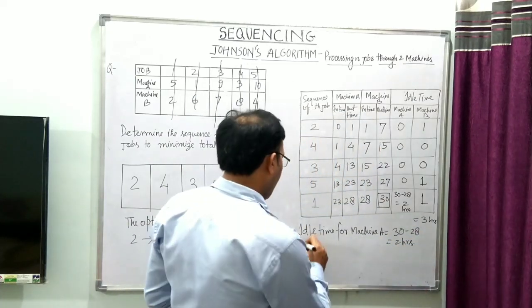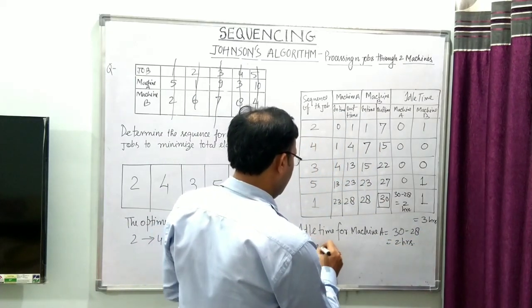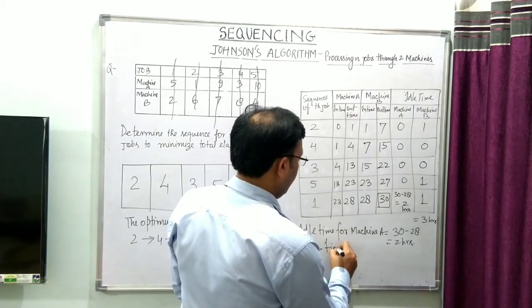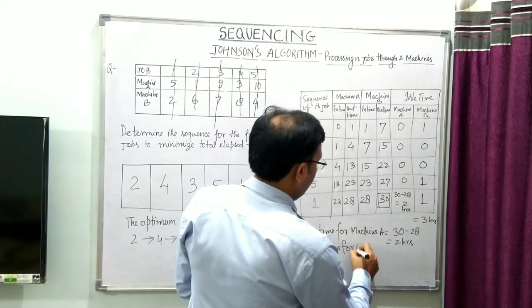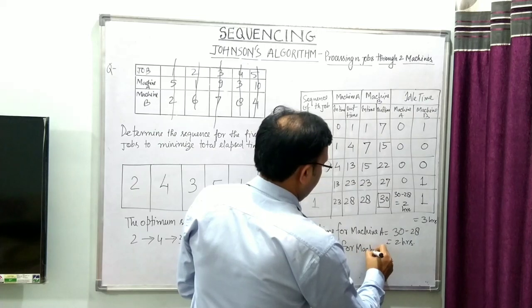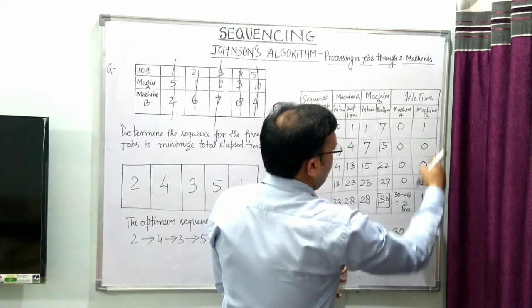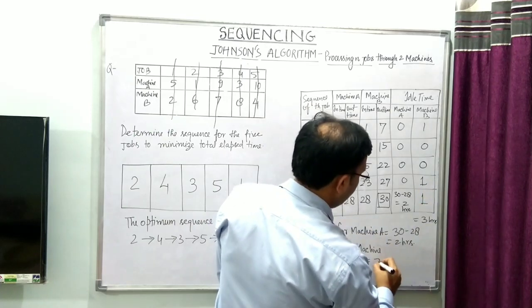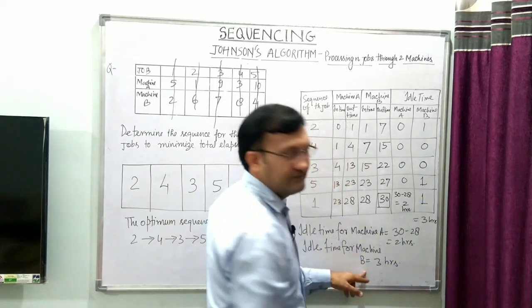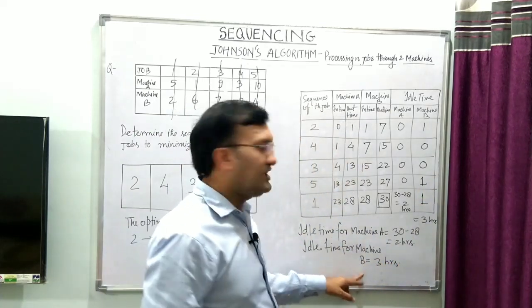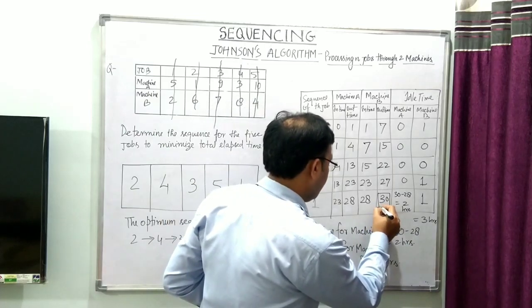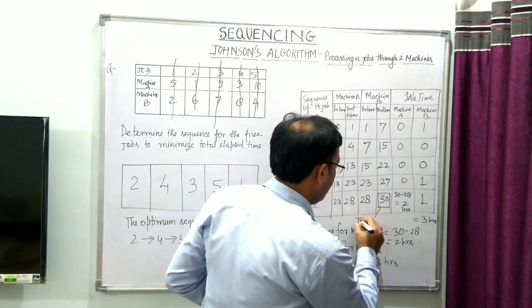And then idle time for machine B is equal to 1 plus 1 plus 1 is equal to 3 hours, right? And the total elapsed time is 30 hours.